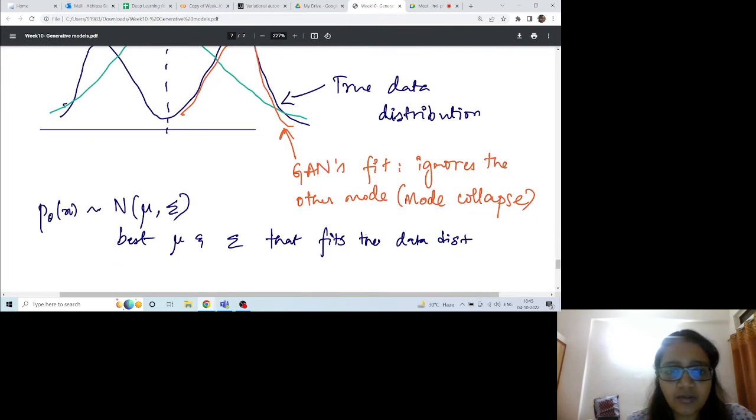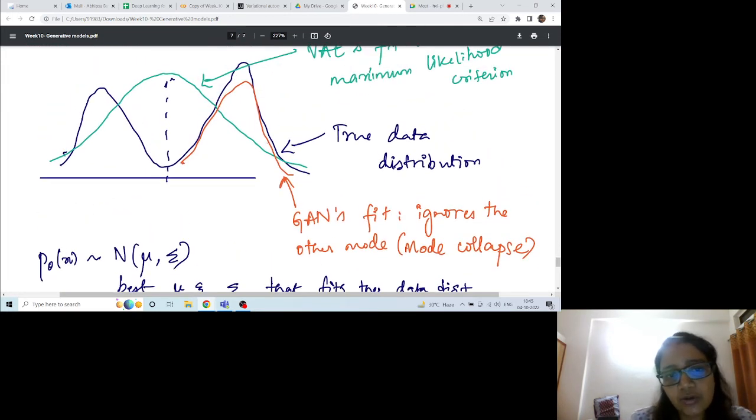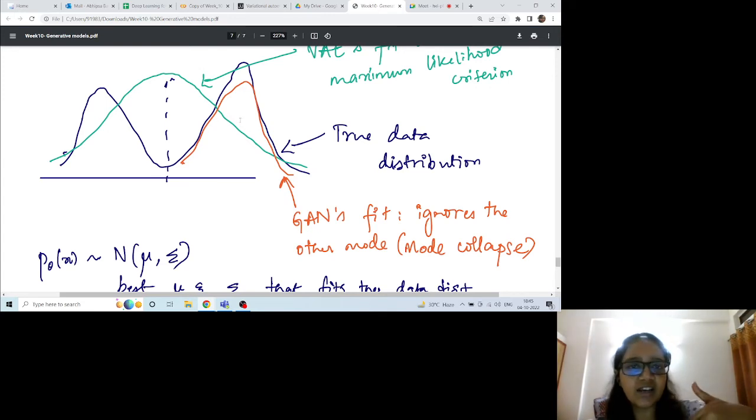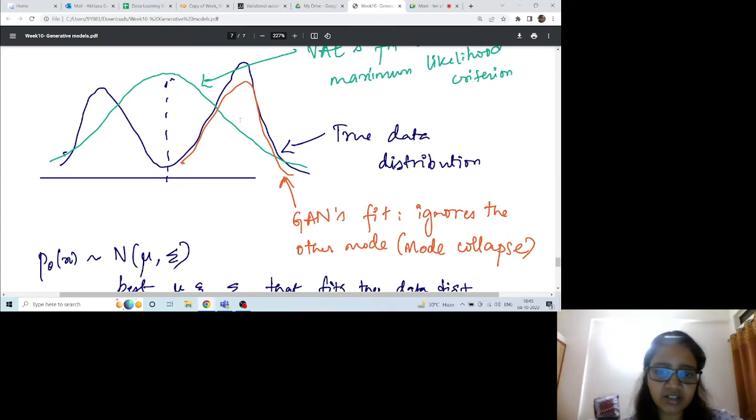And GANs will tend to fit one of the modes. So it will try to approximate this mode but not this mode, it leaves this mode alone. GANs generally tend to ignore the other mode, and this problem is known as mode collapse. When mode collapse happens, when you have learnt an approximate distribution that only models one of the modes, you keep on generating almost the same images every time.